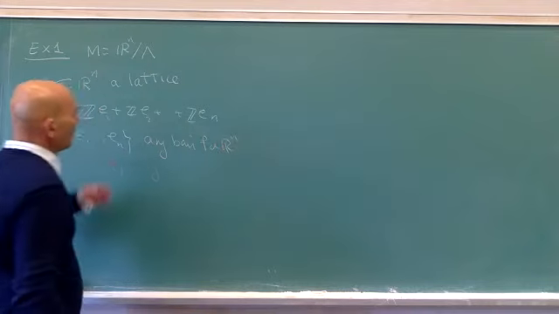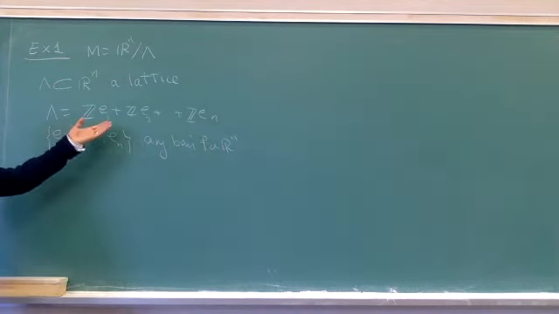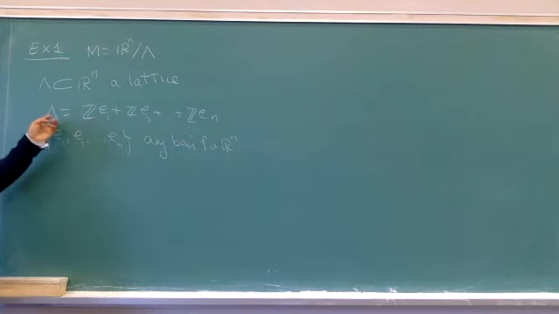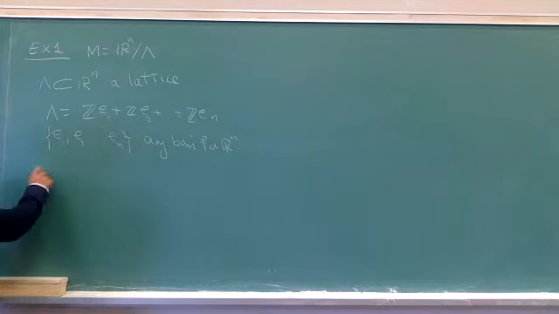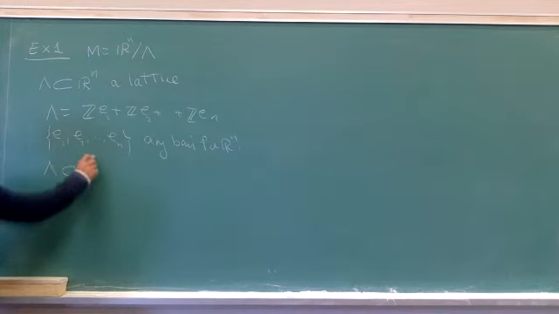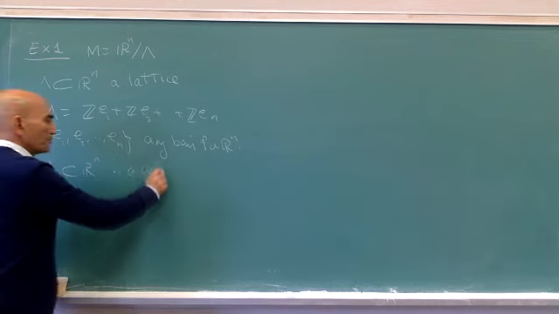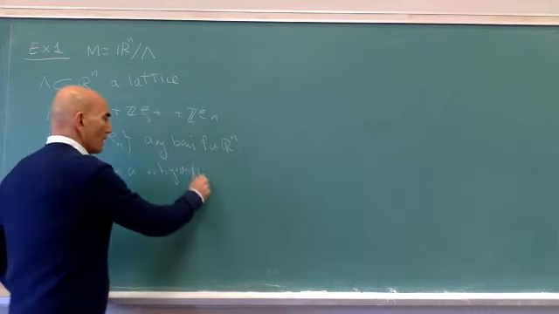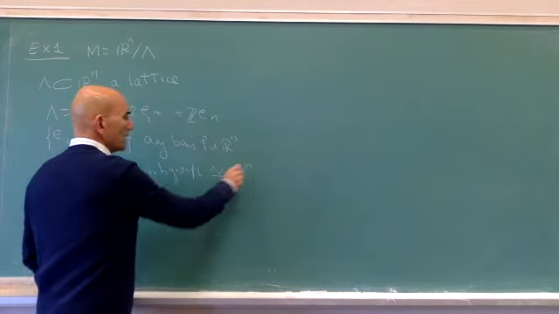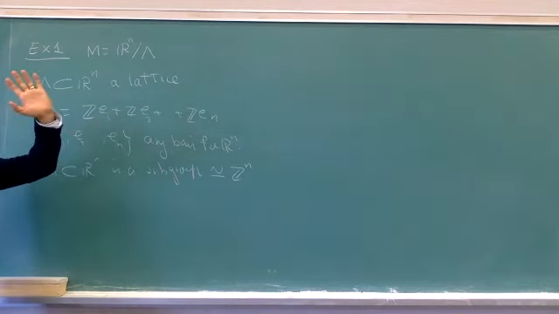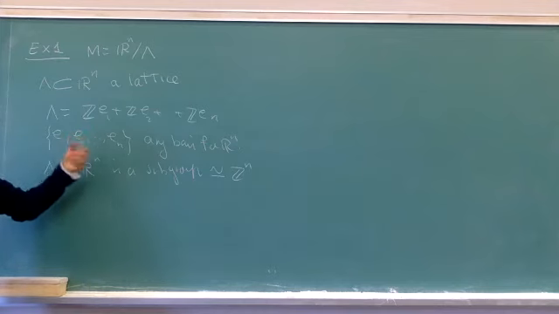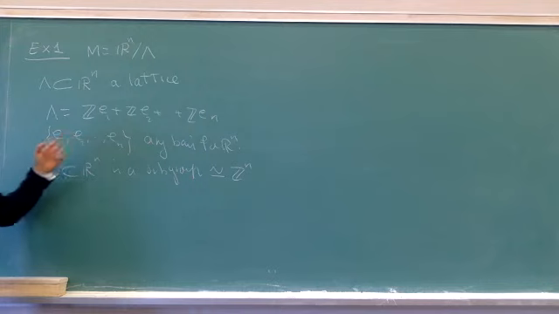Of course, you can have many other definitions of lattice, but let's look at this definition. It's the set of all elements of R^n of this form. This is, of course, a subgroup of R^n. In fact, it's a free abelian group, isomorphic to Z^n, of rank n. But the structure of these vectors e1, e2, ..., en, the way they sit in R^n, is very, very important. And classifying lattices as a result is a very difficult problem in general.